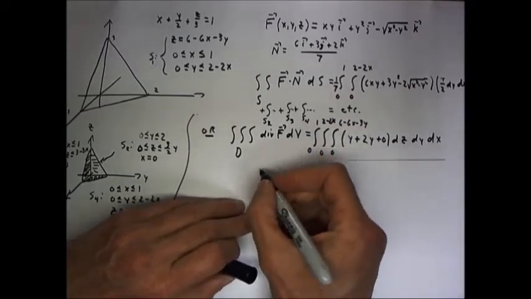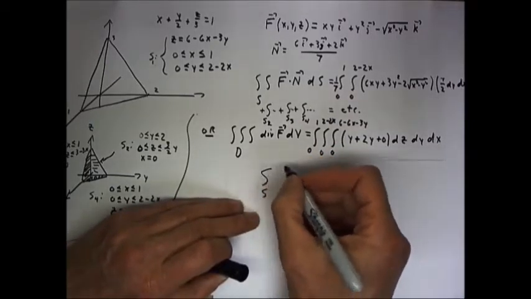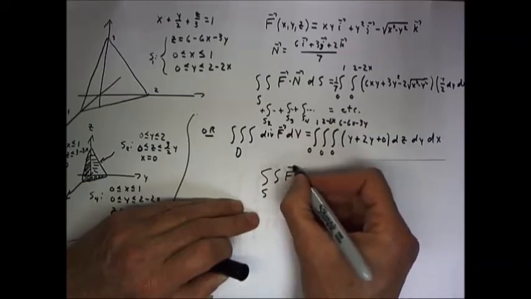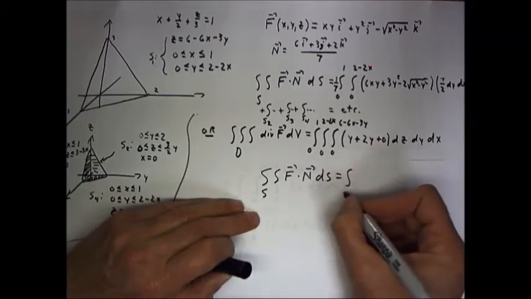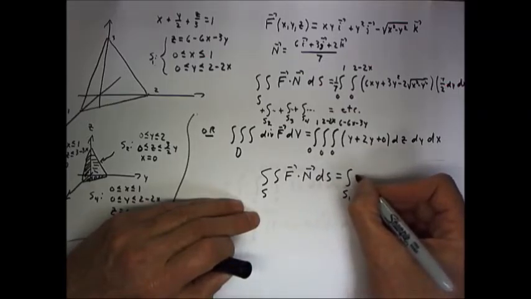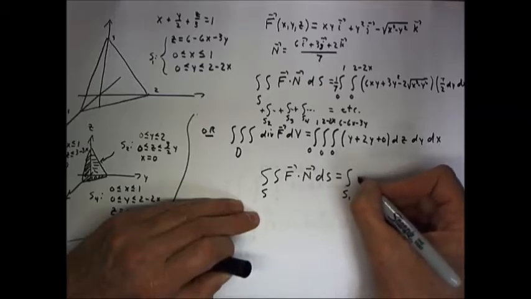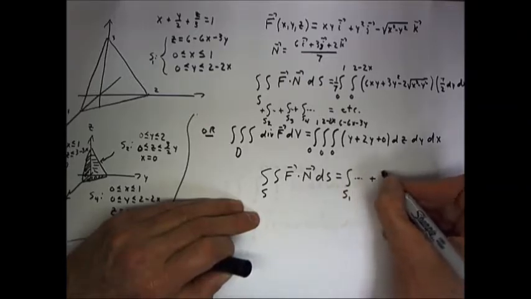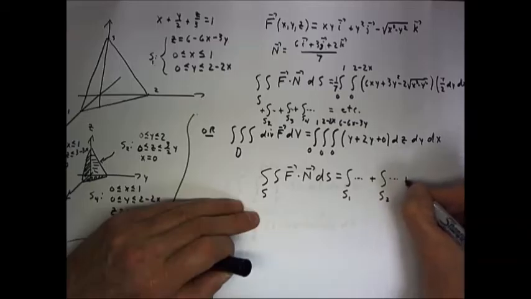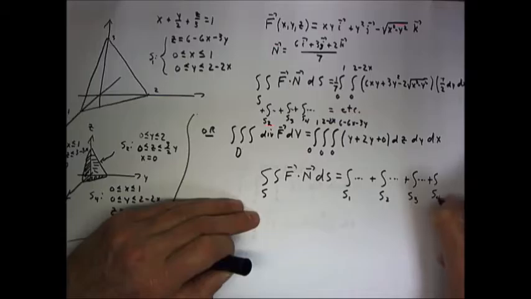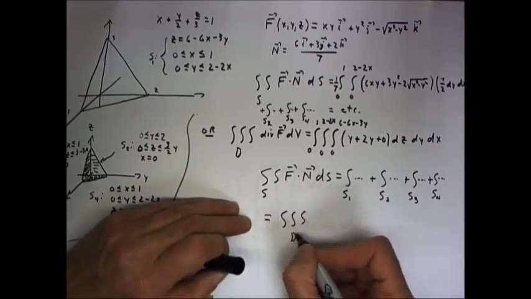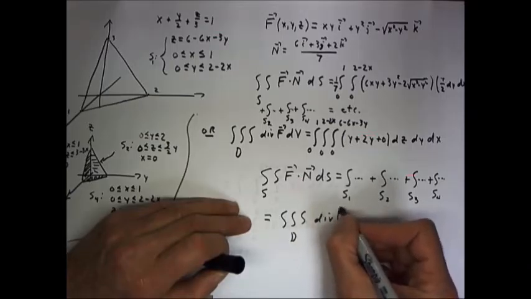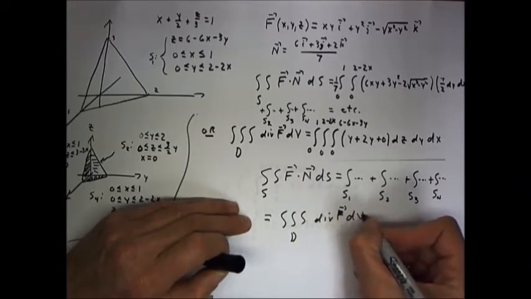We can say that the integral over our entire surface of f dot n ds is the integral over S1 of f dot n ds, and I'm not going to write that out, plus the integral over S2, plus the integral over S3, plus the integral over S4. And that's equal to the integral of the divergence of f with respect to the volume.